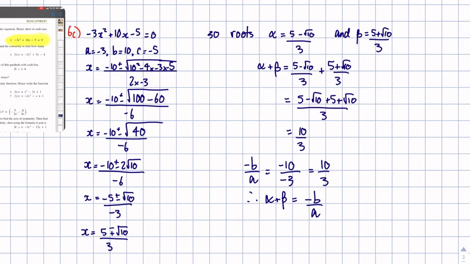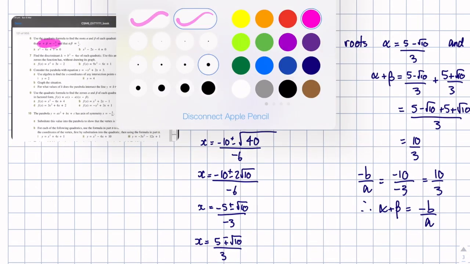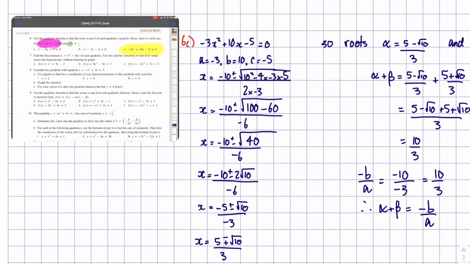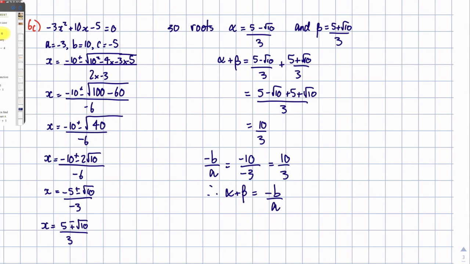And that always works. The other thing they want us to show is that alpha times beta equals c on a. So alpha times beta for us is going to be 5 take root 10 on 3 times 5 plus root 10 on 3. Don't forget, in multiplying fractions, you times the top, you times the bottom.